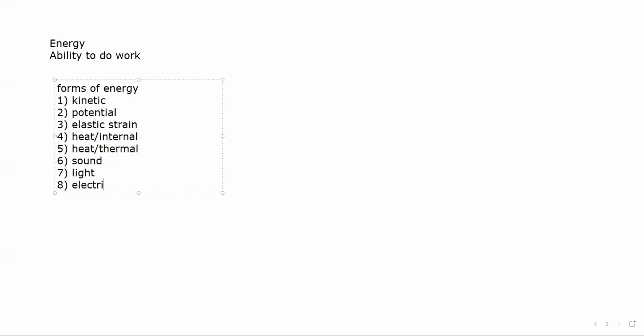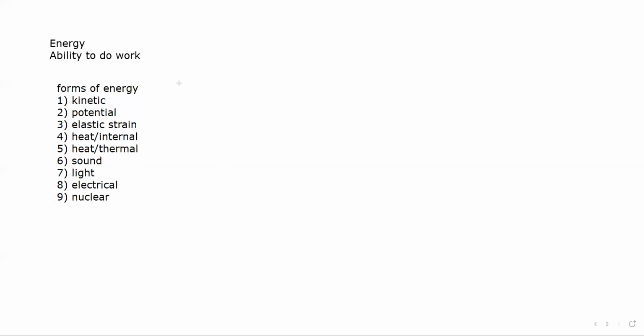Electrical energy, energy in the moving charge. Nuclear energy, energy which is stored in the nucleus and can only be released by nuclear fission or fusion.